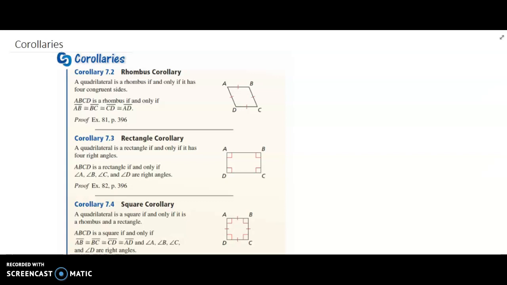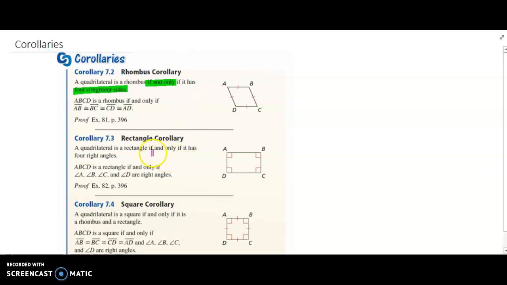Here are some corollaries, and I'm not quite sure why your book does it the way they do, but these corollaries are kind of just retelling the definition of each one of these. The rhombus corollary just says a quadrilateral is a rhombus if and only if it has 4 congruent sides. That's what makes it a rhombus.